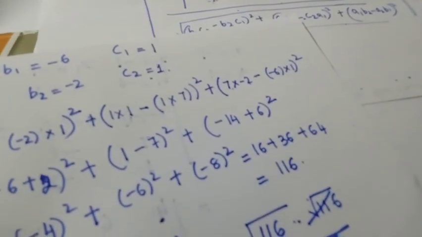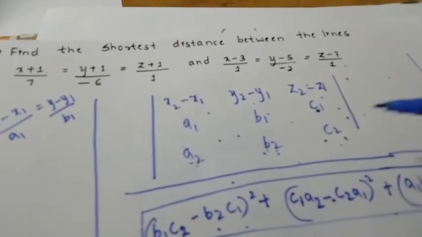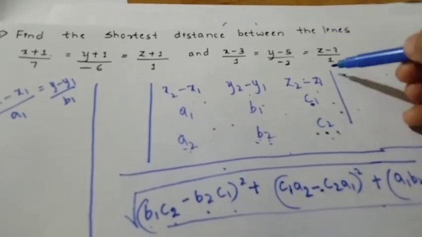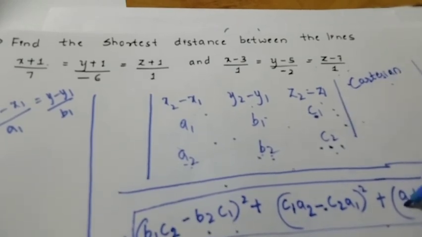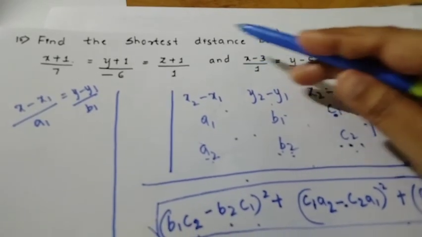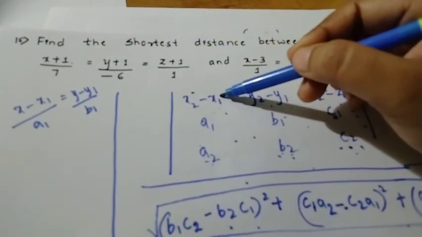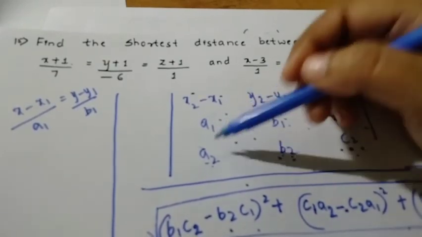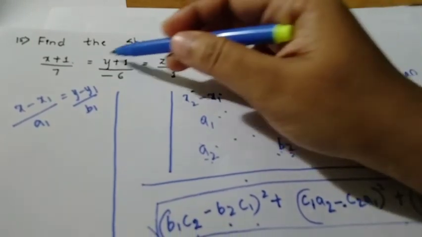Okay, so I'll explain it once again. First thing, what should we do: substitute the given equation in this formula. Because first look at what form this is given in. This is given in Cartesian form. So you have to write the formula for that. Next from the given equation, note down all these values: x2 x1 y2 y1 z2 z1 a1 b1 c1 a2 b2 c2. All the values you have to note down from these two equations.